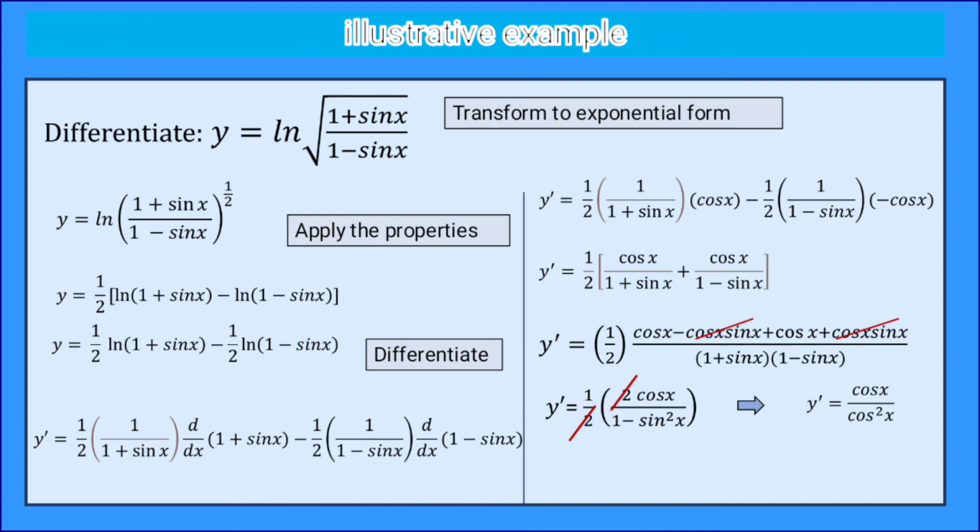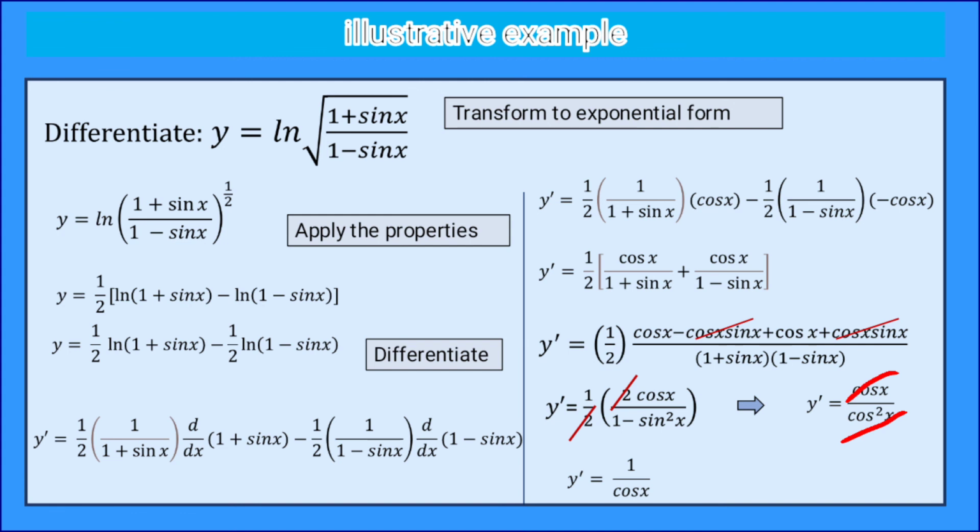So right now our equation is y prime equals cosine x over cosine squared x. And then again, we can simplify it by canceling, since we have the same kind of term. Our equation right now is y prime equals 1 over cosine x.